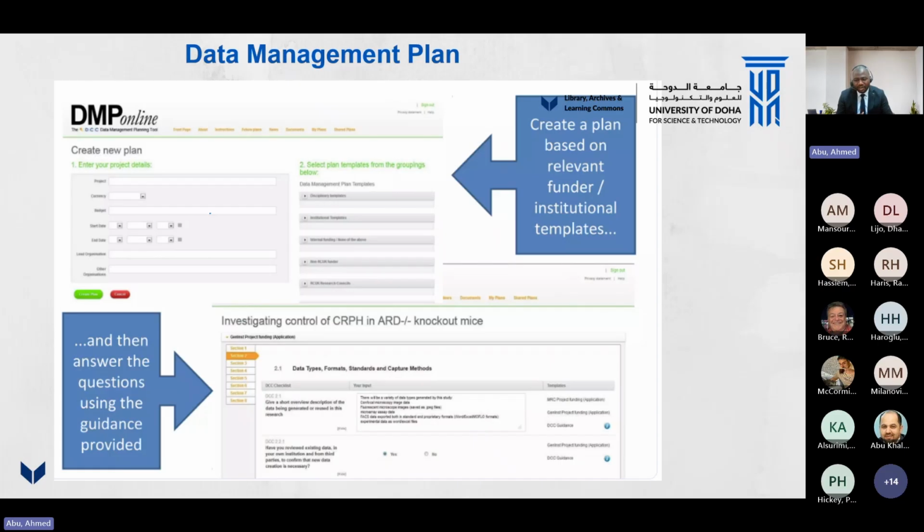It also offers guidance and explains each of the sections you need to fill. You understand? It also allows researchers to collaborate, in the sense that all the members of the team can have access to the DMP and work on it at the same time. You can also export plans in various formats, in PDF, in Word, and so on. One fascinating thing about it is that it supports updating the DMP from the beginning to the end of the research lifecycle.